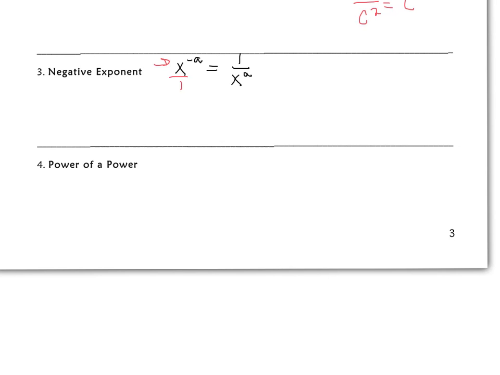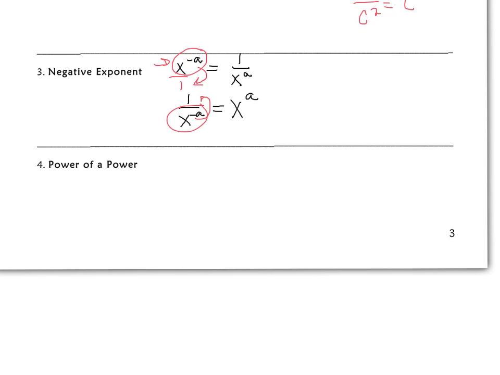So in order to become happy, it has to move. And now that it's on the first floor or in the basement, it's happy. Now, on that same notion, if we started with x on the bottom being raised to a negative power, it's unhappy downstairs. It's going to move upstairs, and now it's happy. Its neighbors were probably not the nicest. So now that would be x to the positive a.